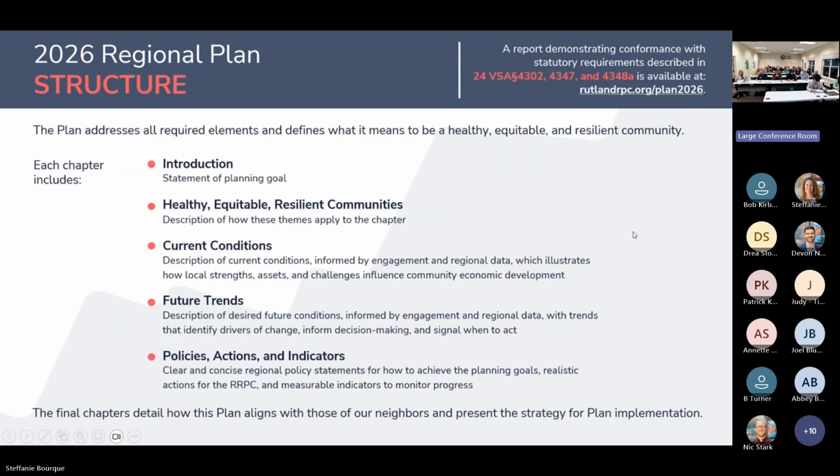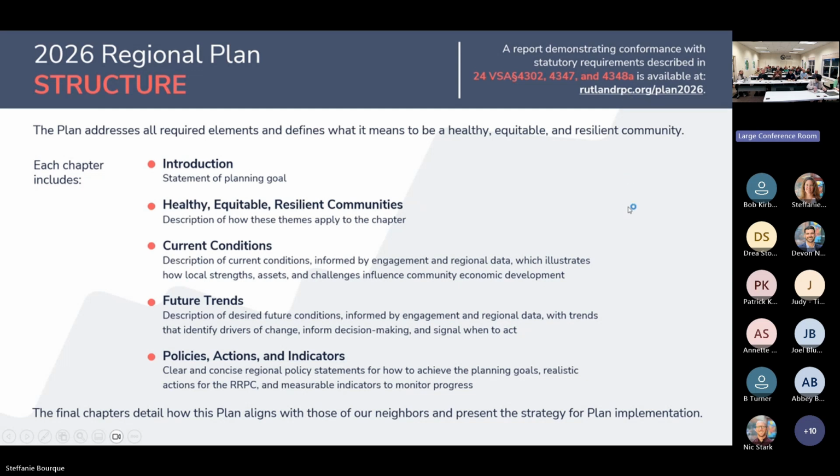So moving on to the structure of the plan and how we're demonstrating that this plan complies with all the statutory requirements. I'm telling you that the plan addresses all the required elements, but we're also required by the Land Use Review Board to develop a report that demonstrates how we are achieving all of the statutory requirements and state planning goals.